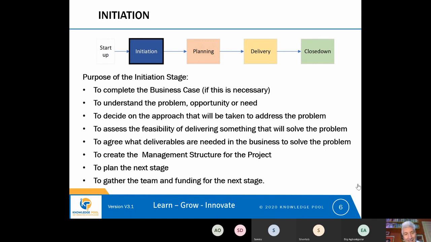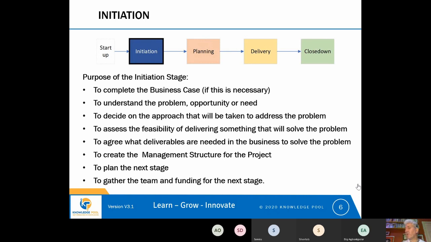So our experience tells us that it's better to decide in the initiation stage what the approach that we're going to take to solve that particular problem or to take advantage of the opportunity is going to be. And once we set the approach, all of the tasks that are then needed to take that approach then follow from that. So it does stop us beating around the bush, as you say. We pick the approach we're going to take and we move forwards.